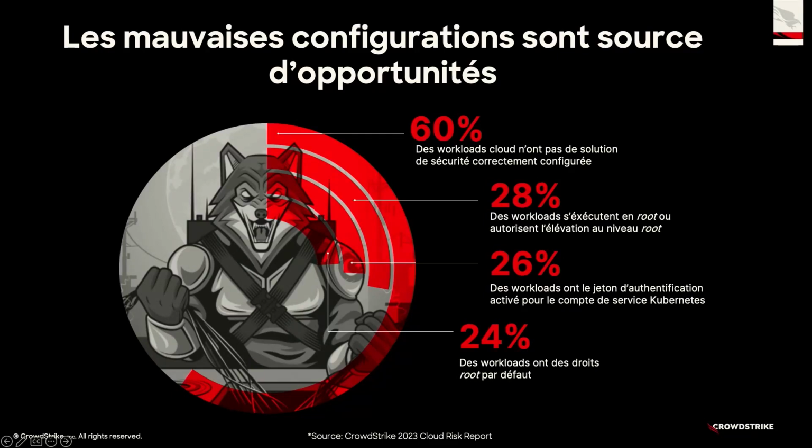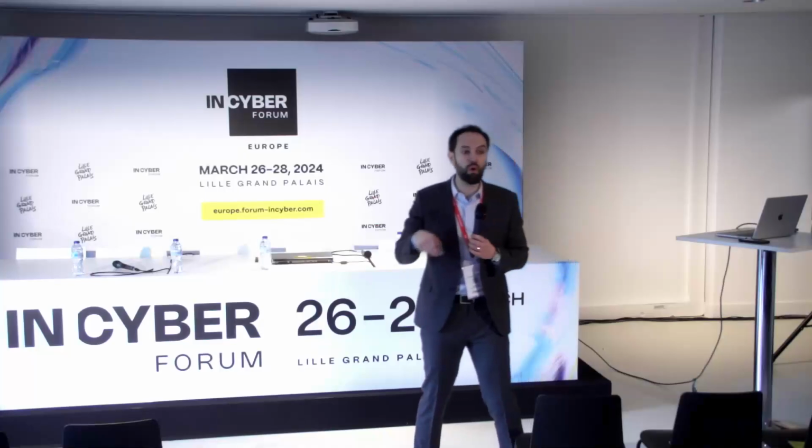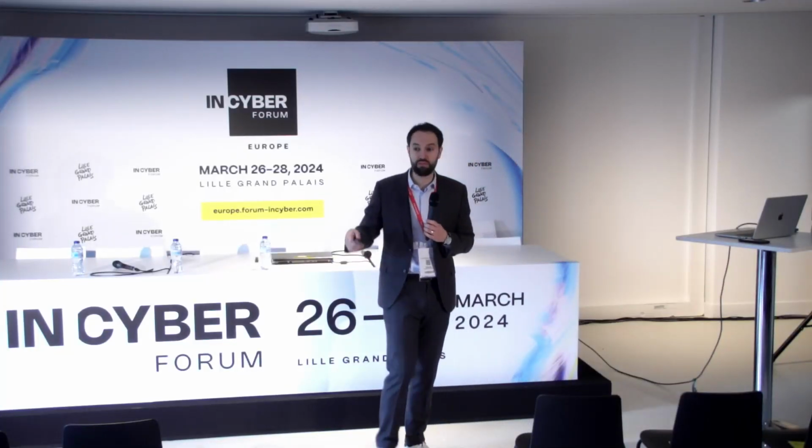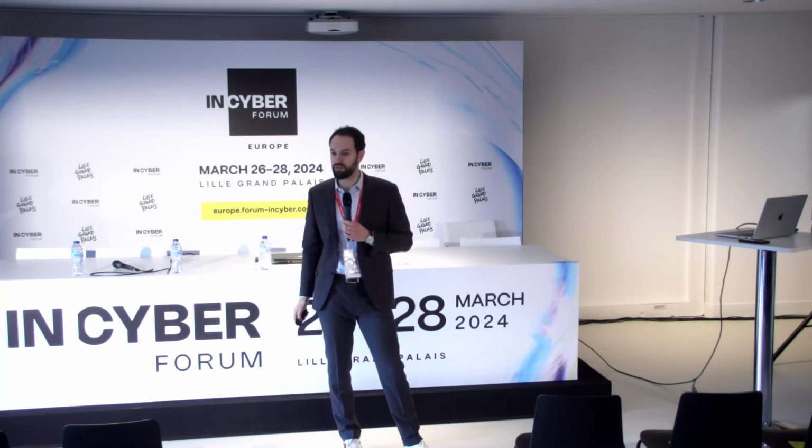We see that 60% of the cloud workloads did not have a security solution that was configured in the right way. About a third of the workloads are executed in root and privileged roles.